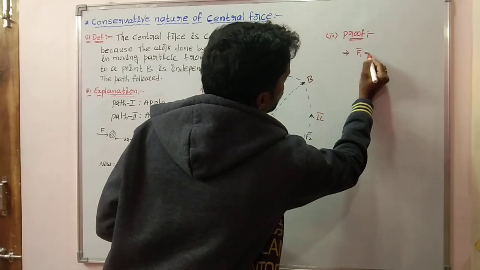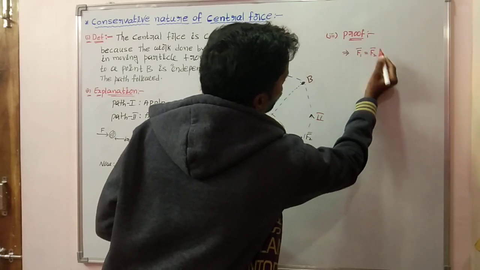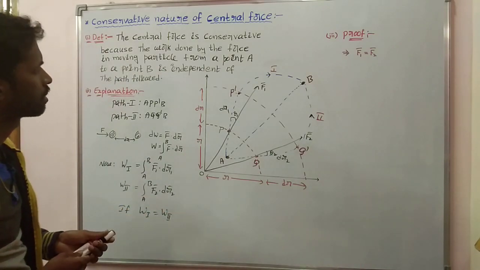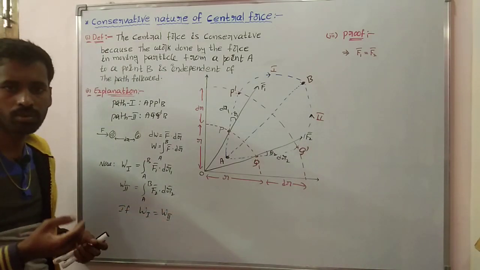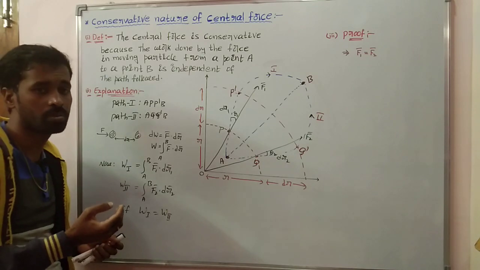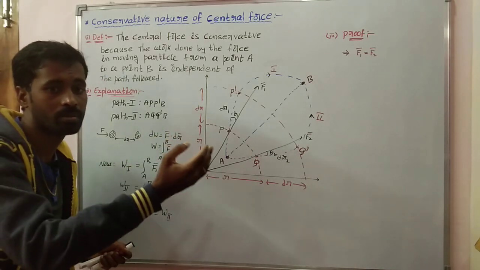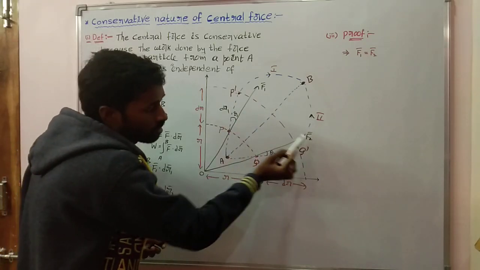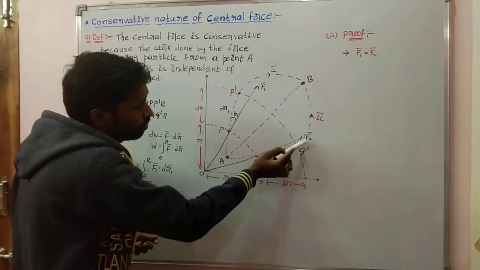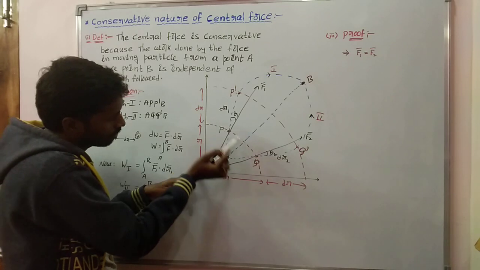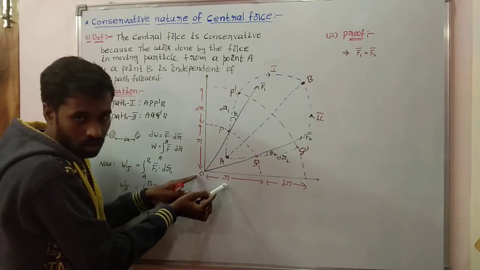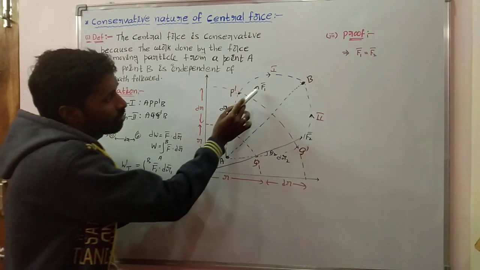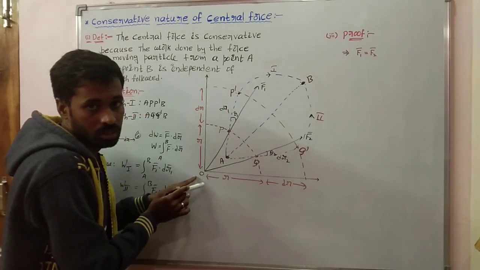F1 bar is equal to F2 bar. Because what is the definition of central force? A central force is a force which acts on a particle towards or away from the fixed point. This is also a central force, this is also a central force. These two forces act on the particle at a distance r from the fixed point. That's why these forces are central forces.